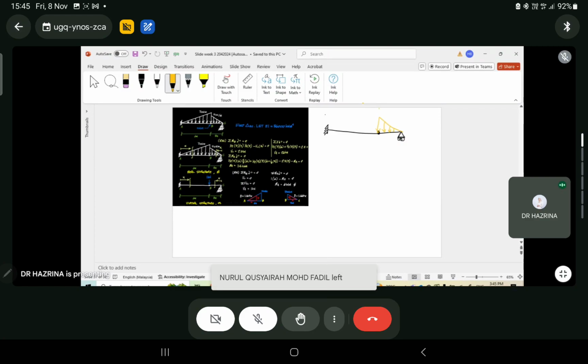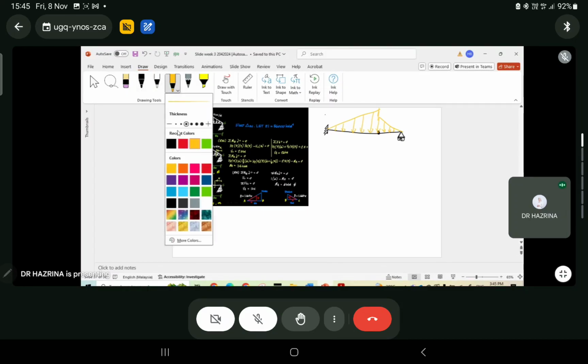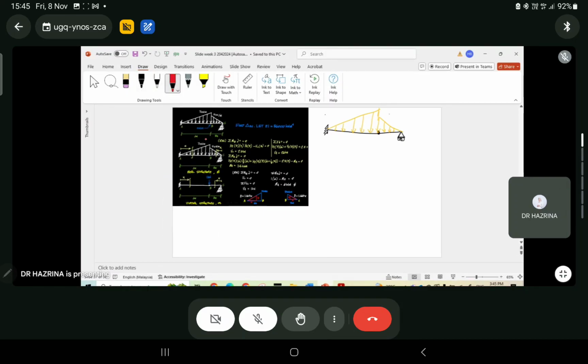You have a triangular load distributed along the span. Let's use a red color. You have beam A, B, and C. Here is 5 kilonewton per meter, and here is 7 kilonewton per meter.